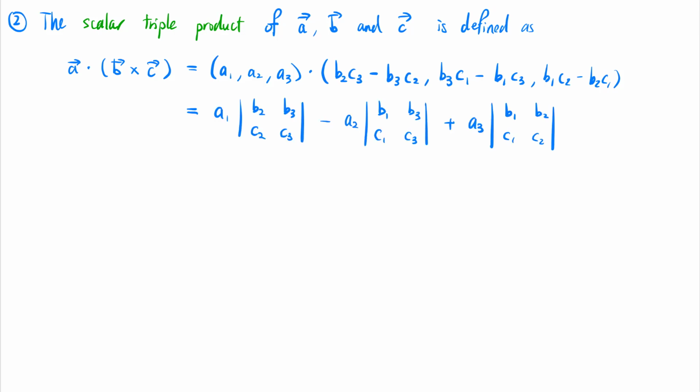This equals A1 times the determinant of (B2, B3; C2, C3) minus A2 times the determinant of (B1, B3; C1, C3) plus A3 times the determinant of (B1, B2; C1, C2). This can be written as the 3×3 determinant with rows A1, A2, A3; B1, B2, B3; C1, C2, C3, which is equal to the previous expression by expanding along the first row. We can easily remember the scalar triple product of three vectors using this determinant.